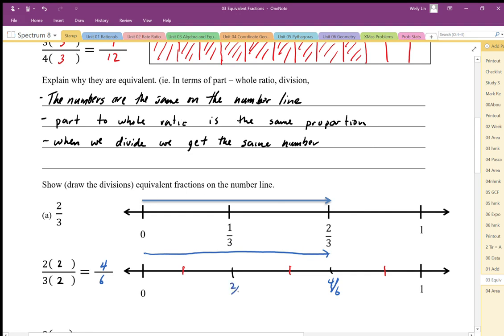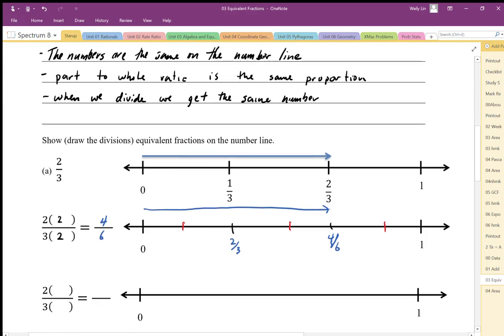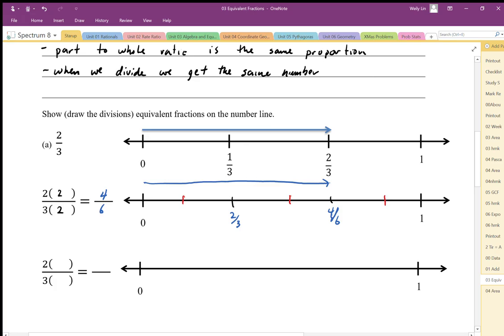And so in fact we can show equivalent fraction parts all on there. Okay, and we can do the same thing. We can do times 3, times 3, and we can do in 3 divisions. Okay, so here we have our divisions of 3 or thirds, and then we can do this in groups of 3. So we can divide this into groups of 3, groups of 3, groups of 3.